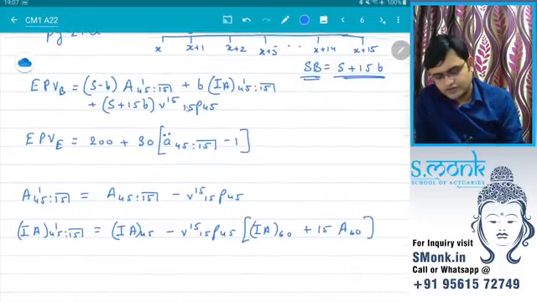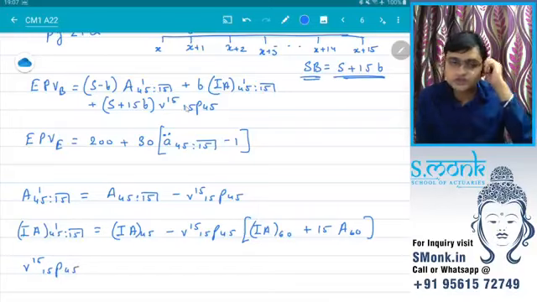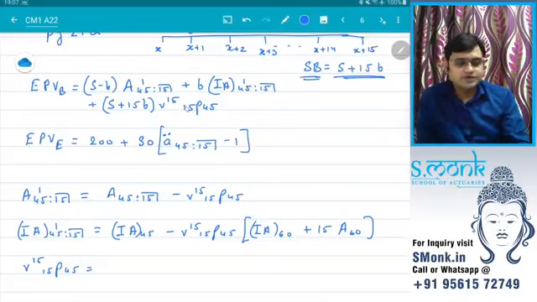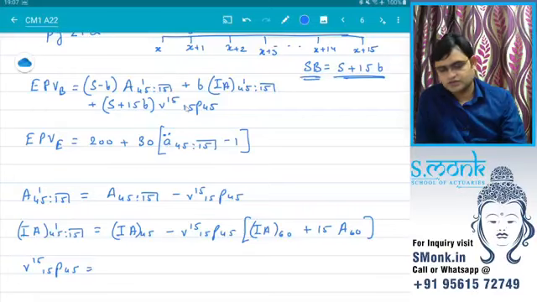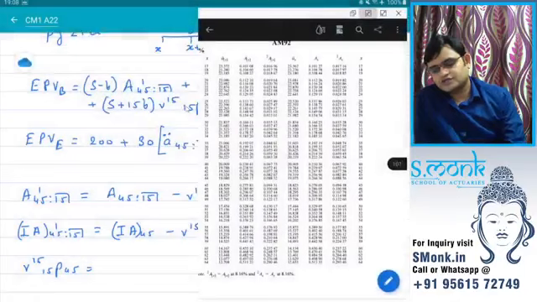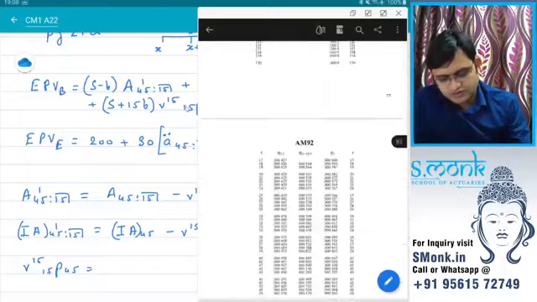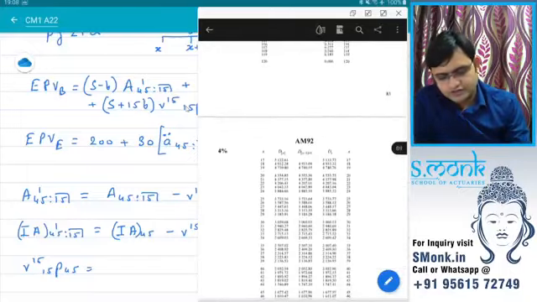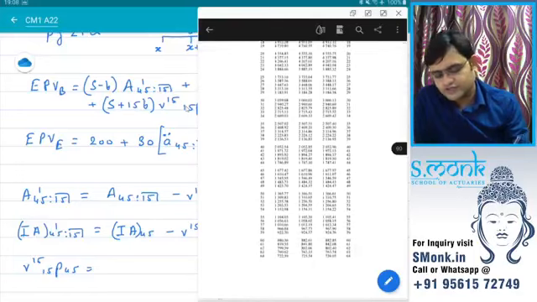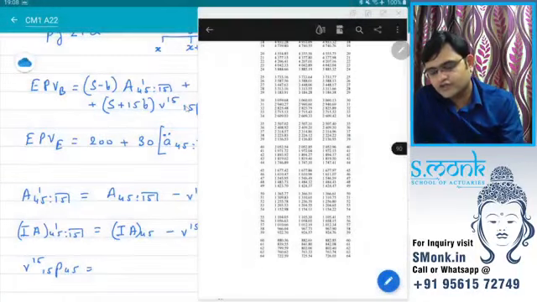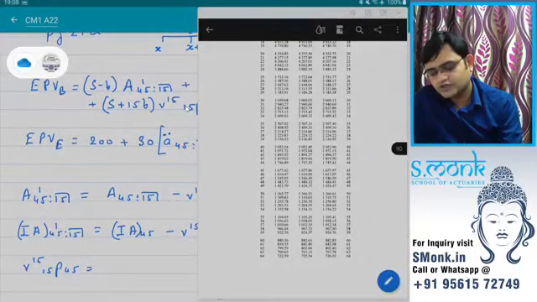And for this we will require V raised to 15, 15P 45. Again, you can use it the traditional way, or you can calculate this from D, because our rate of interest is 4%. So I prefer using D. It's just a little bit less calculation. You don't need to even write in terms of D, or if you want, you can write only in terms of D as well. Everywhere we have V raised to n, npx, you can write in terms of D, no problem.